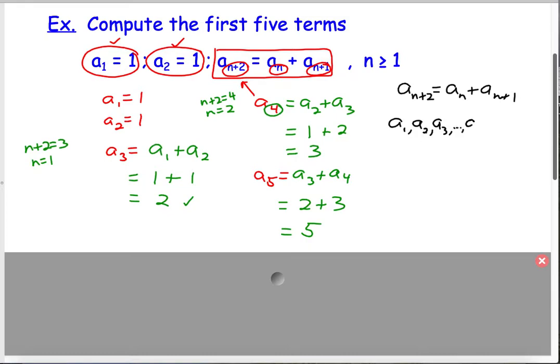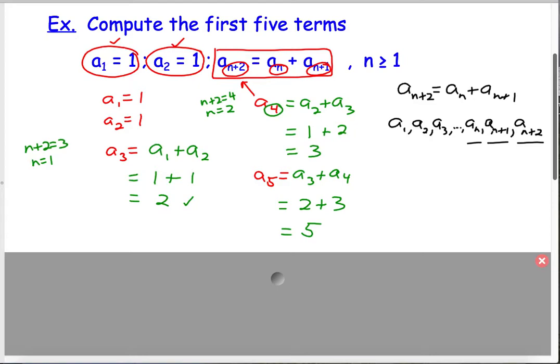And then eventually I'll have a sub n. What's the next one after that? Well, a sub n plus 1. What's the next one after that? That would be a sub n plus 2, etc. So in this definition, it's saying the n plus second term is equal to the nth term plus the n plus first. So to find any term, you just add the 2 before it.